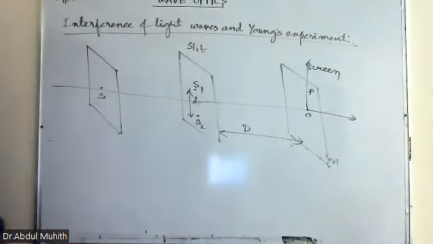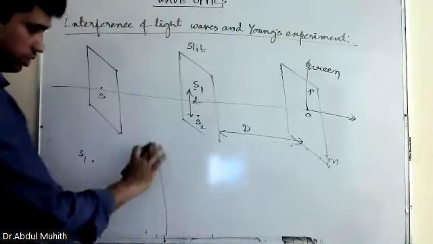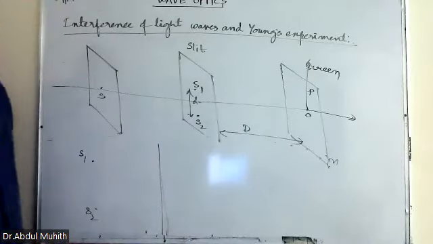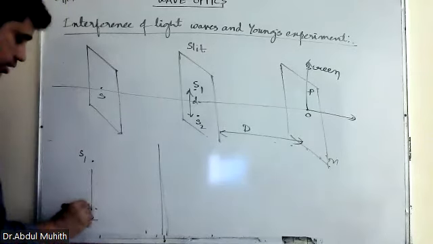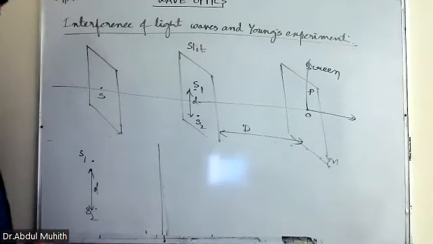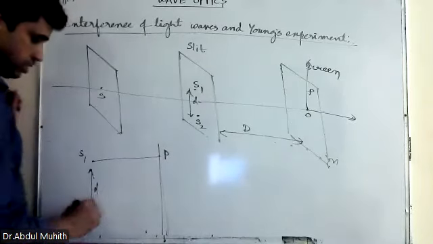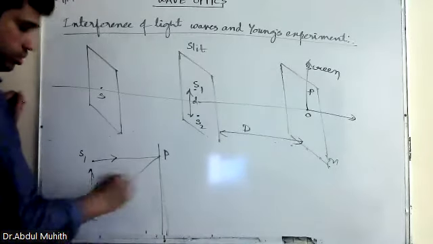Now see here, there are two sources, S1, S2, and this is the screen. Capital D is the distance, small d is the distance between the slits, and P is the point.